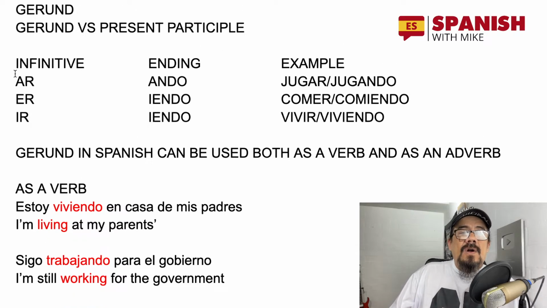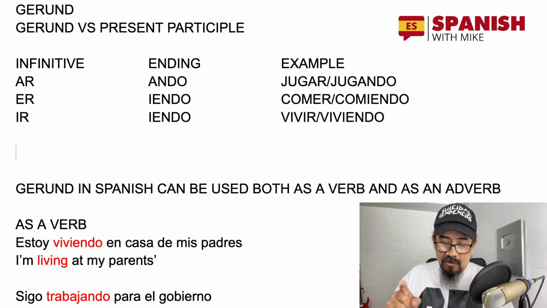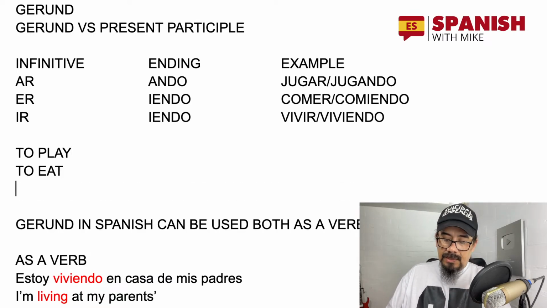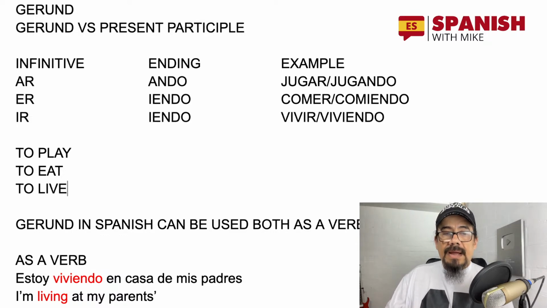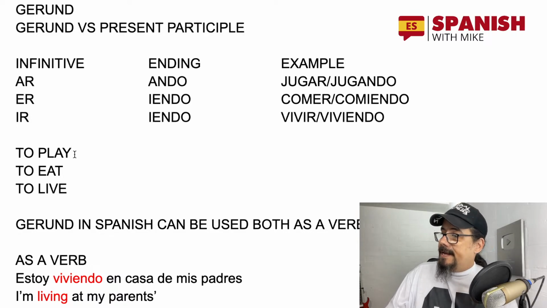And these are the conjugations for the verb. Remember, when we have in Spanish a verb in its infinitive form, in English we know because it has the to before. To play, to eat, to live, right? Those are regular verbs in their infinitive form in English.